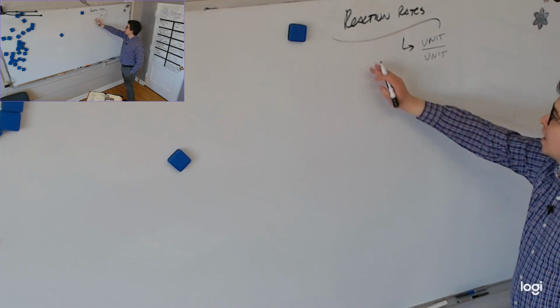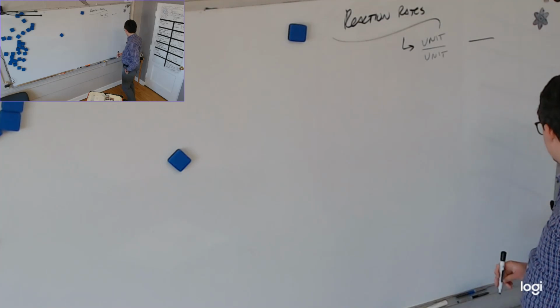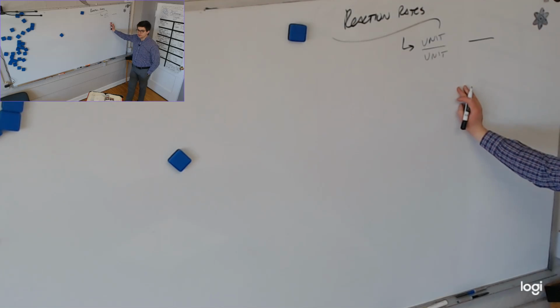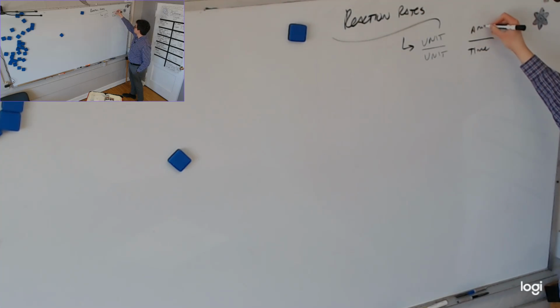So if we're talking about reaction rates, what are we probably talking about? How are we going to measure it? What's our top unit and our bottom unit going to be? There's two common ways. Reaction rate: how much substance over the time? So there's going to be time on the bottom, and amount of substance on top.